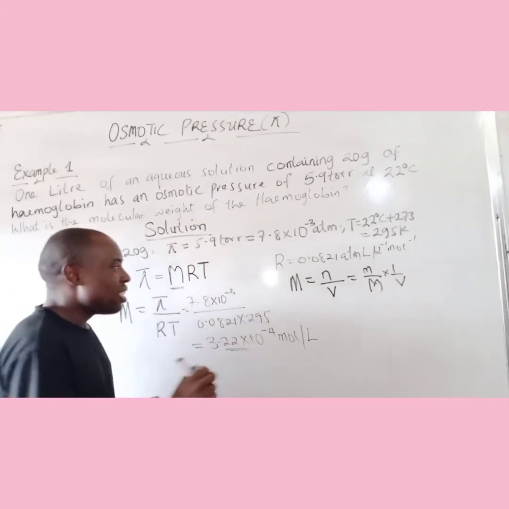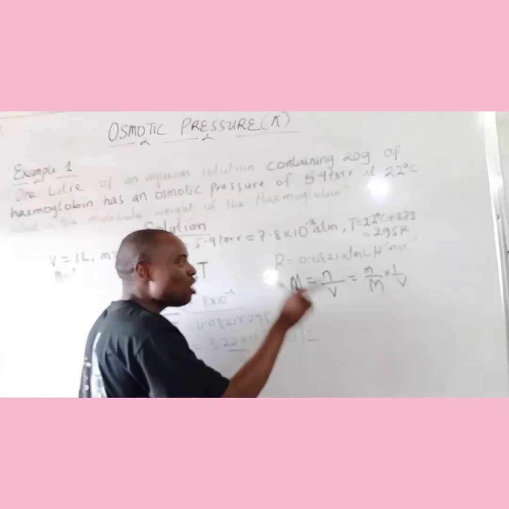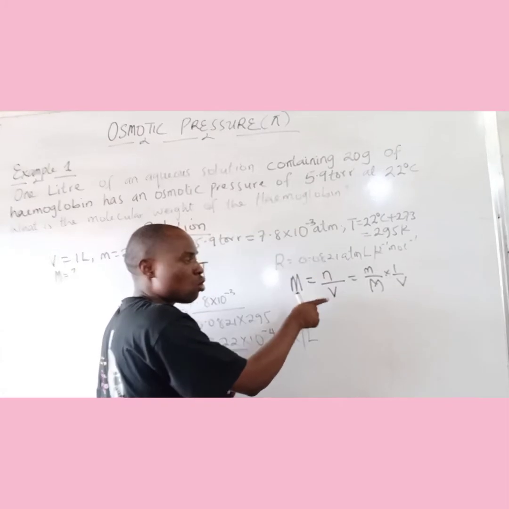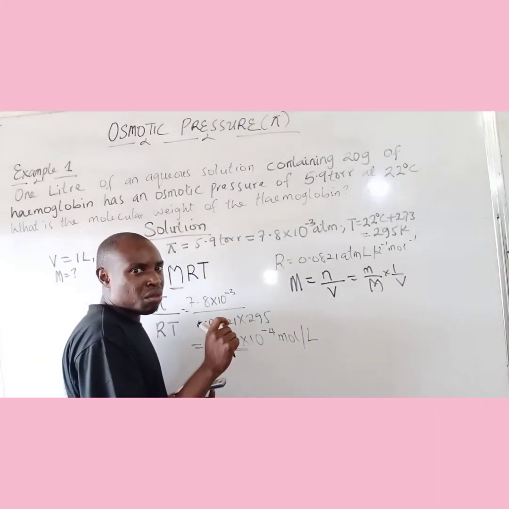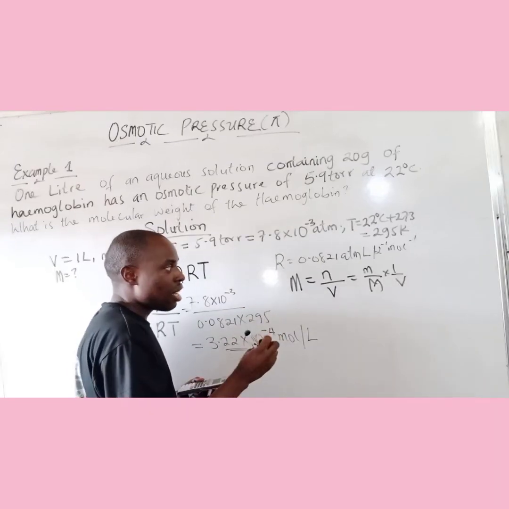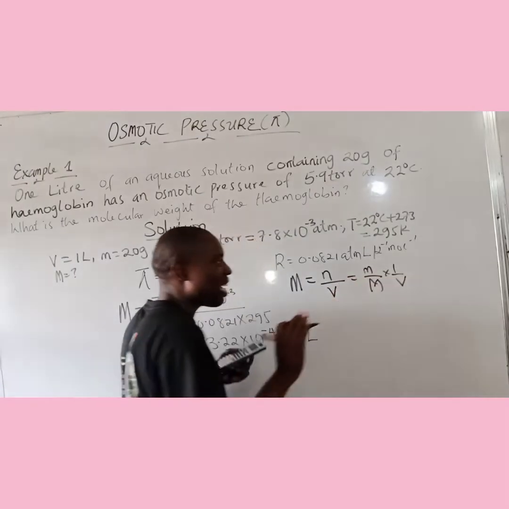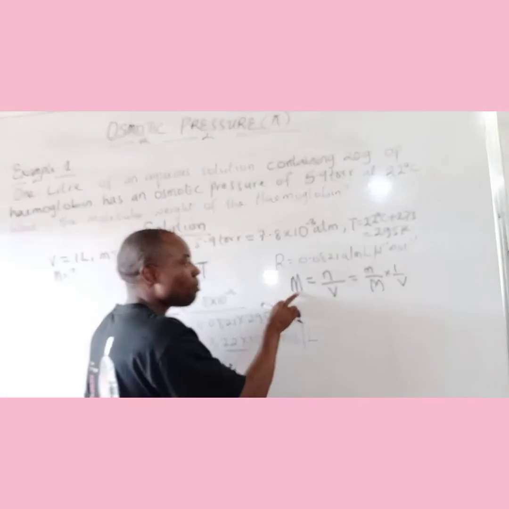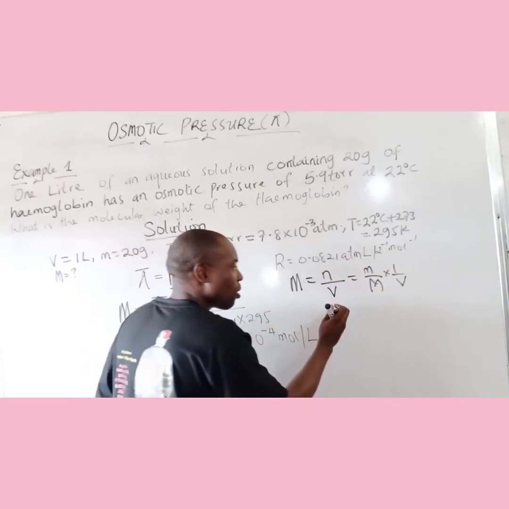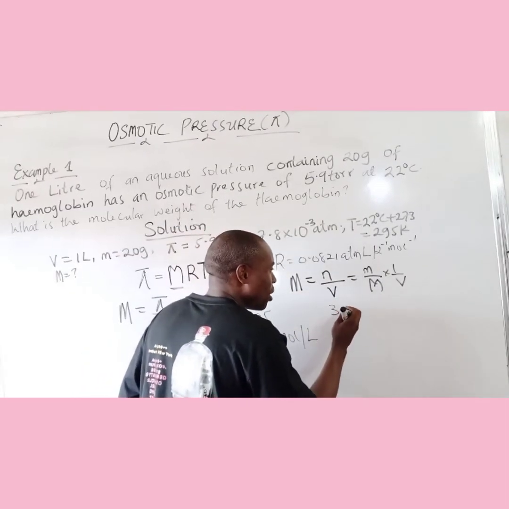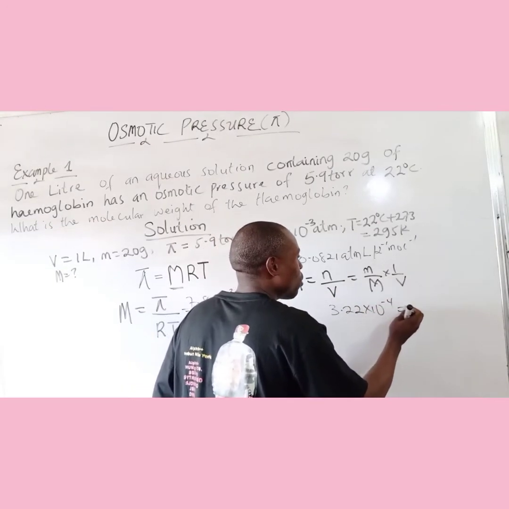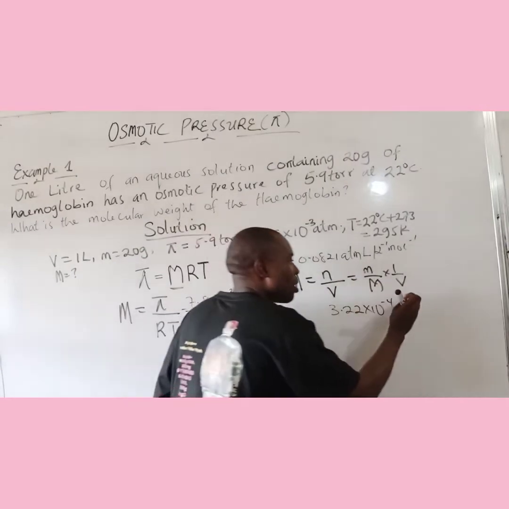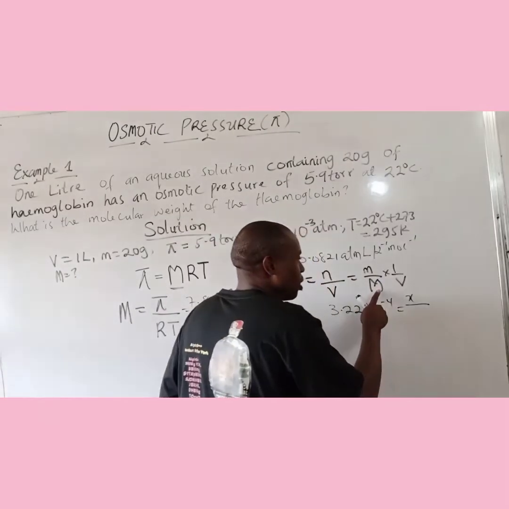You will recall that molarity is equal to the number of moles of the solute divided by the volume of the solvent in liters. From here now, I cannot get my answer directly. Already I know that my molarity is 3.22 times 10 raised to the power minus 4, which is equal to the mass in gram over the molar mass.